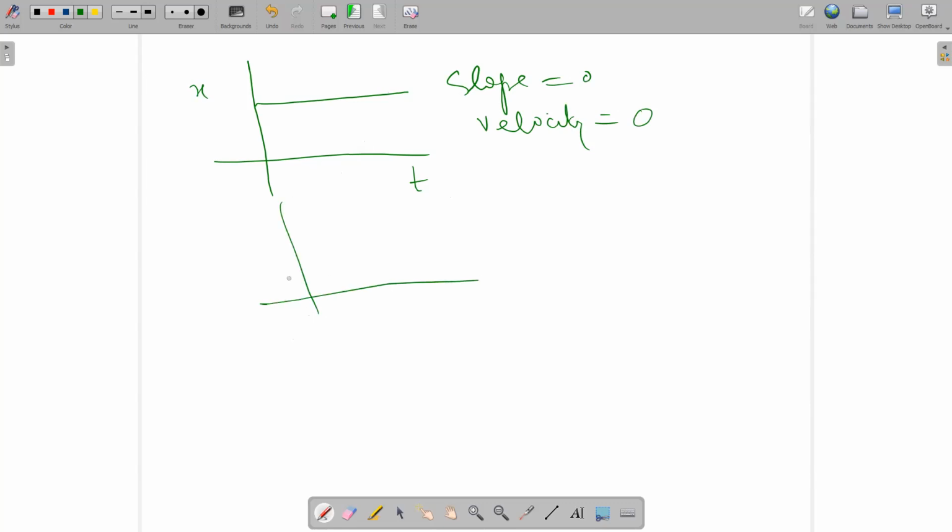So what will be the graph? It will be here, at 0. What will be the acceleration time graph? It is 0, so it will be here. Clear?